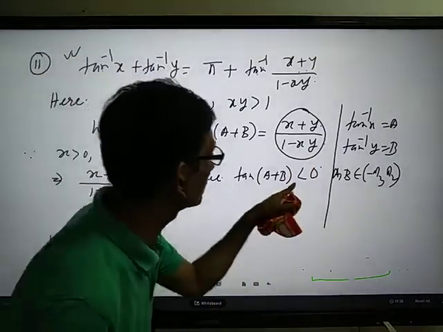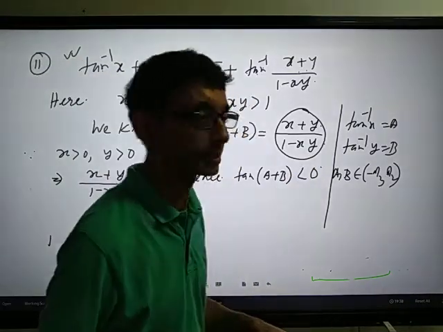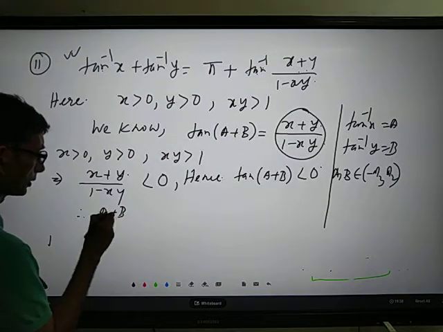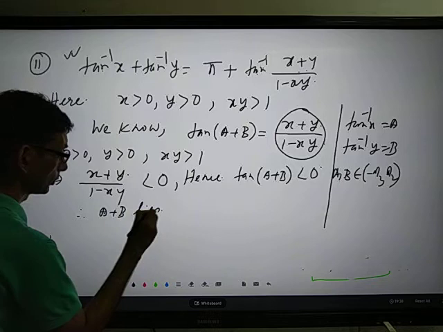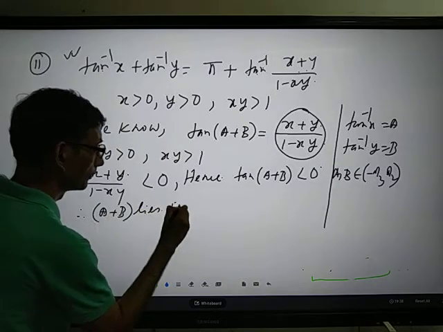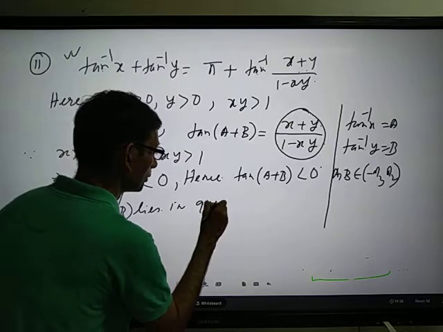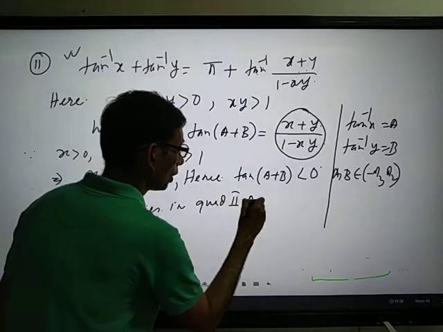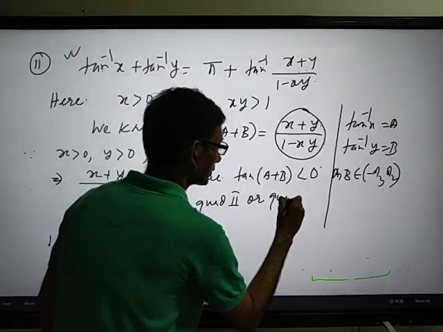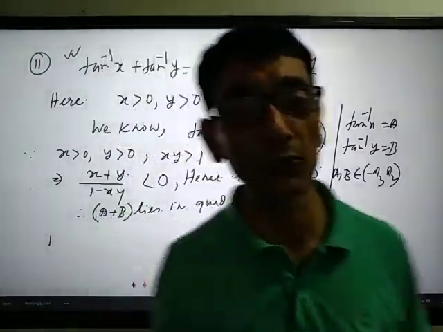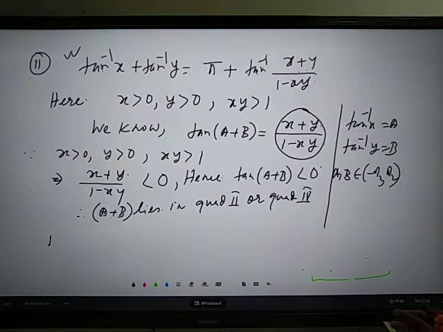If tan(a plus b) is less than 0, where does a plus b lie? It is negative in quadrant 2 or quadrant 4. We know tan is negative in the second quadrant or the fourth quadrant.